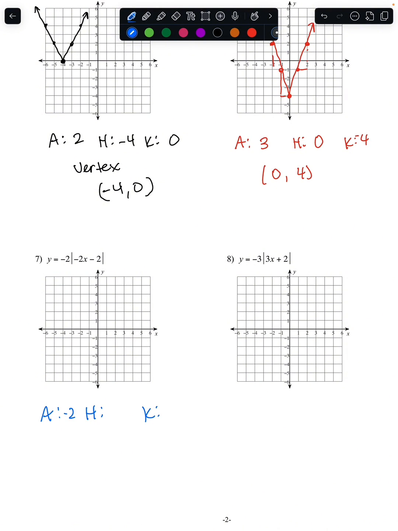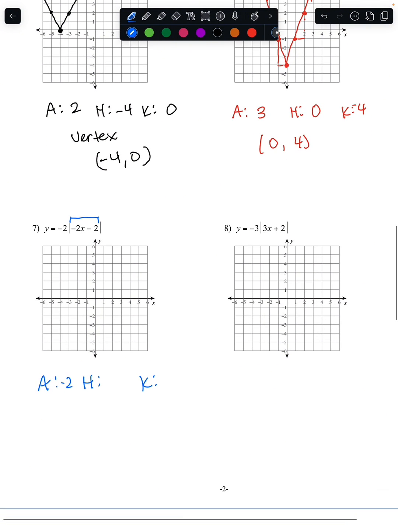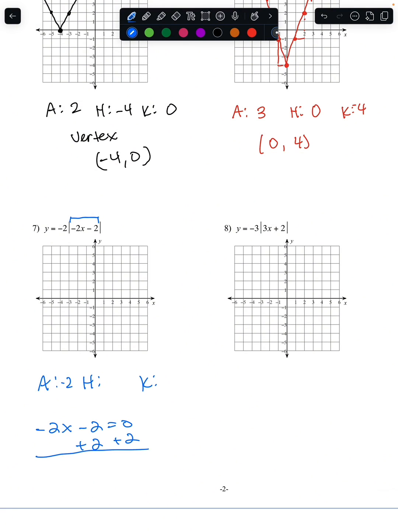What is my H? Oh, wait a minute. We can't just say the opposite of -2 is +2. Remember, our H is whatever makes a 0. So we've got to figure out what's going to make that 0. So I'm going to solve it right here. I'm going to add 2 to both sides. -2x equals 2.